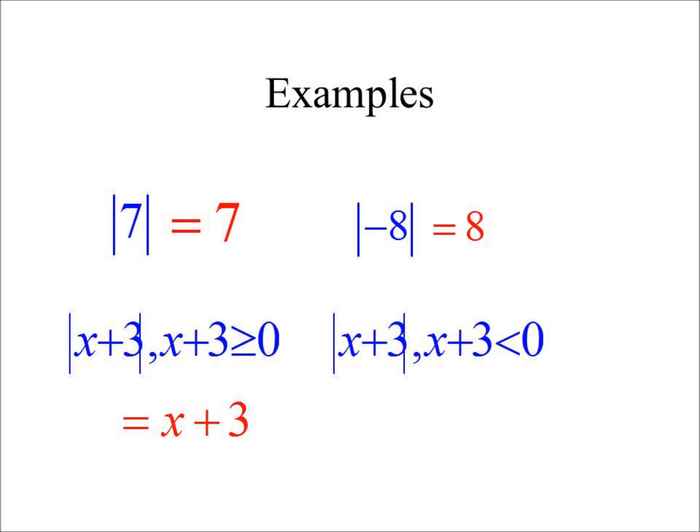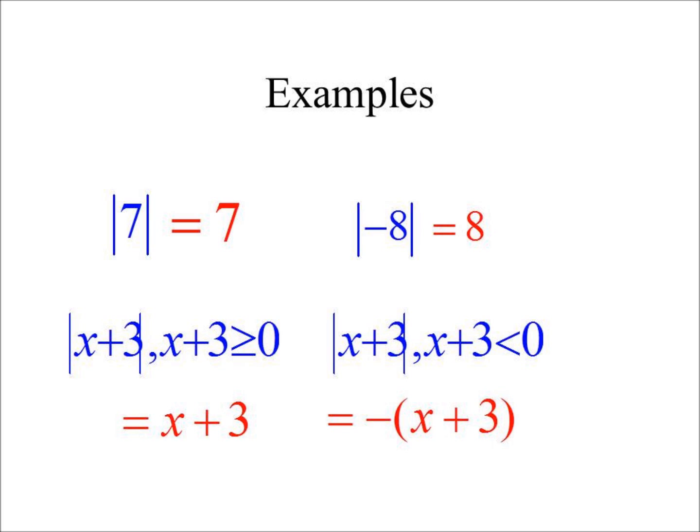Right there, the second part of it after the comma, x plus 3 is less than 0. It's the opposite of x plus 3, and we write opposites, of course, with a negative sign. So we have the absolute value of x plus 3 equals negative (x plus 3). Notice I put the entire statement, x plus 3, in parentheses. And it's going to be pretty important that you do that. And in class tomorrow, I'll show you why it's important.